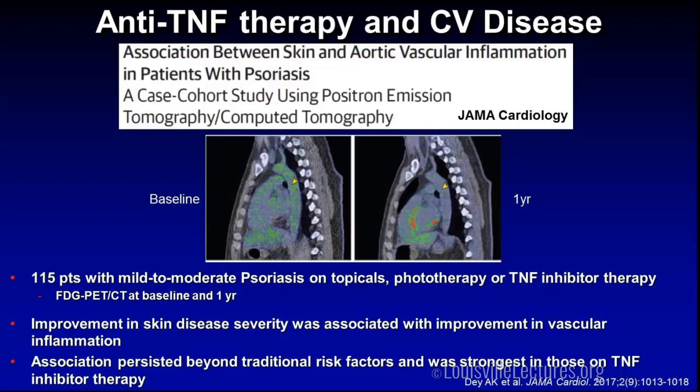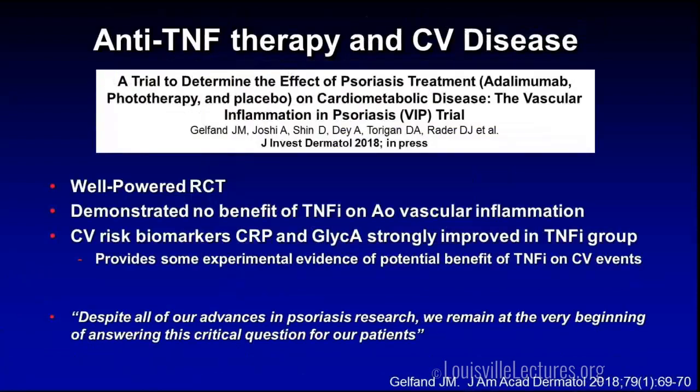But the association also persisted beyond modifiable cardiovascular risk factors and was strongest in those patients with TNF inhibitor therapy. So here's a patient at baseline, and you can see this increased signal throughout the aorta, all segments, and then 1 year after being treated with a TNF inhibitor, significantly decreased.